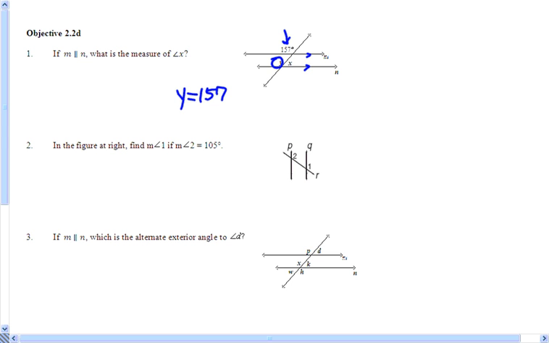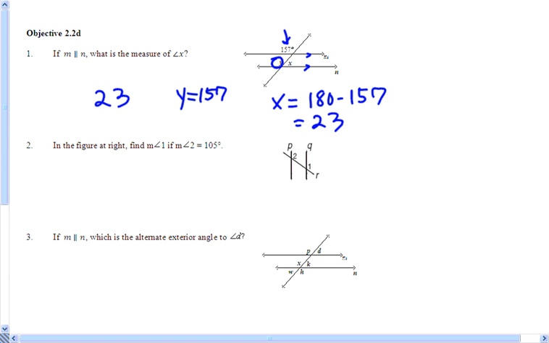X and Y are supplementary, so if Y is 157, then X is 180 minus 157, which equals 23. So the measure of angle X is 23.